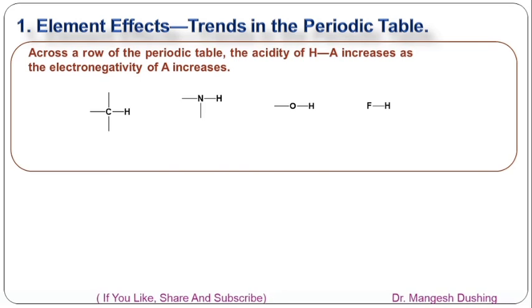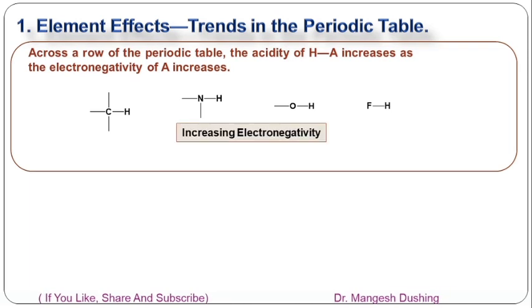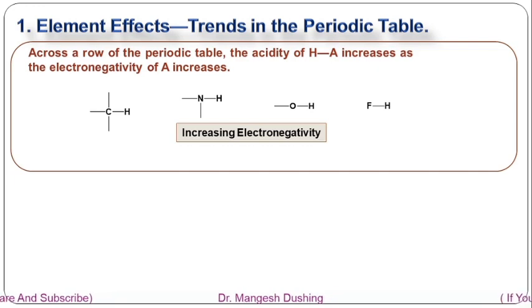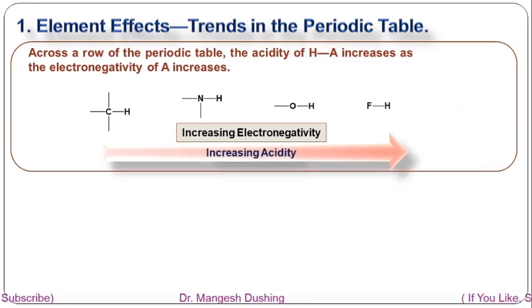These are the acids which have a tendency to donate the proton. Carbon is less electronegative than nitrogen, than oxygen, than fluorine. Fluorine is the most electronegative atom, while carbon is the least electronegative among these four. So from left to right, electronegativity increases, so acidity also increases.